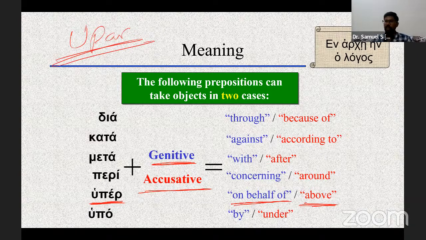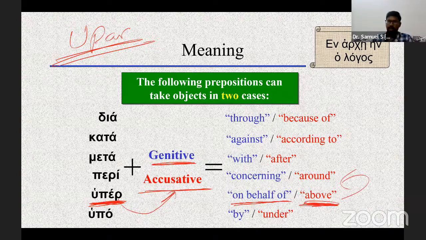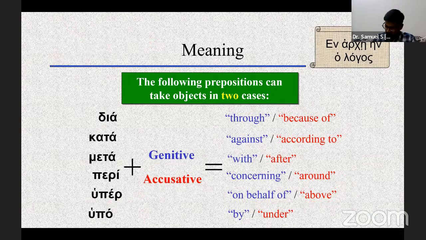Not English, Hindi word upar. Huper. Kidhar hai? Upar hai. Huper, right? Which is above. Huper plus accusative is communicating the upar idea, above. Okay? Just something to help us remember.